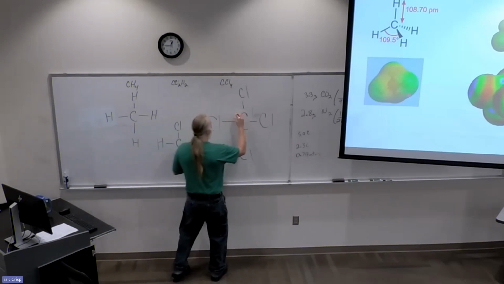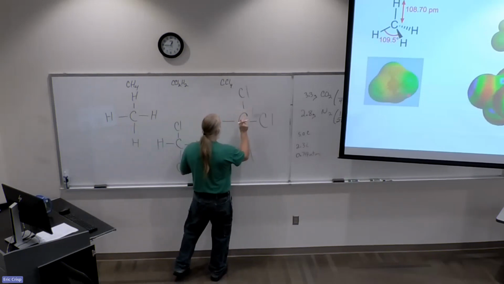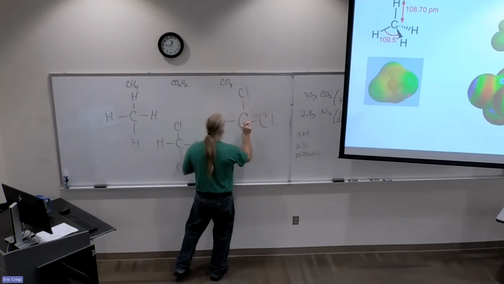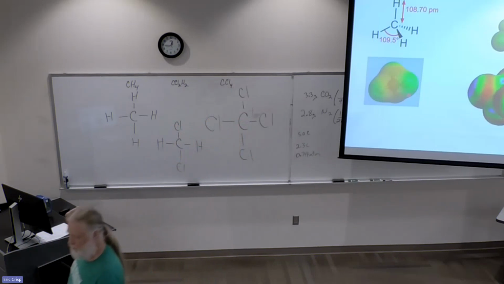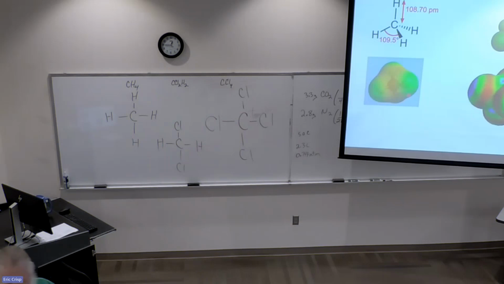Okay. All right. So, what am I going to claim about carbon tetrachloride? Is this a polar molecule? It was easy for us to answer for methane because it had non-polar bonds. Is it easy to answer this one?